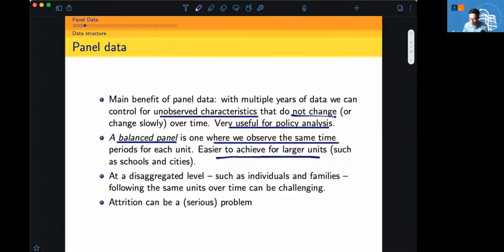For example, if we observe data at the school level, the city level, the district level, or the provincial level, then it's likely that we'll get a balanced panel. However, at a disaggregated level, for example, at the individual or family level, following the same units over time can be challenging.